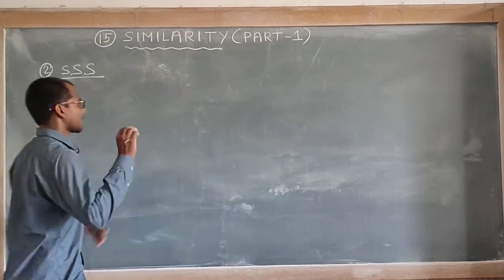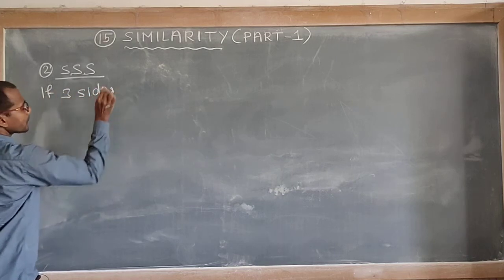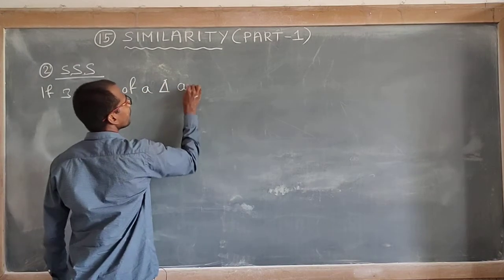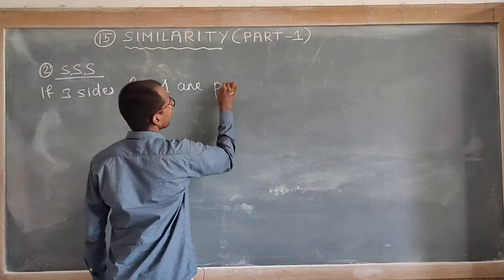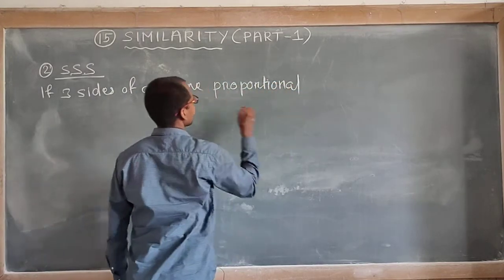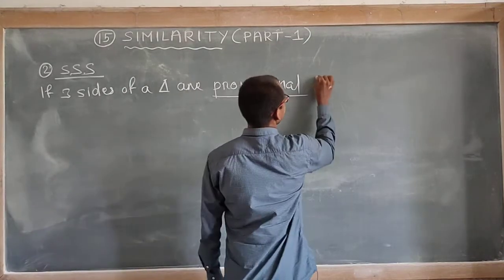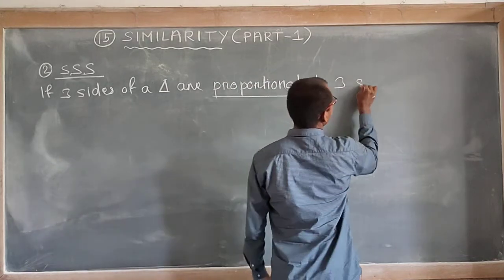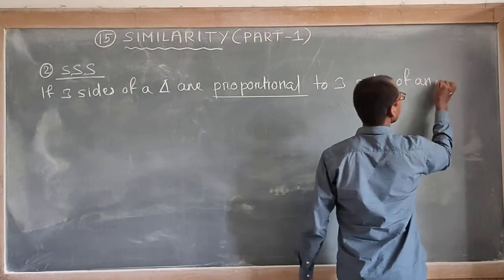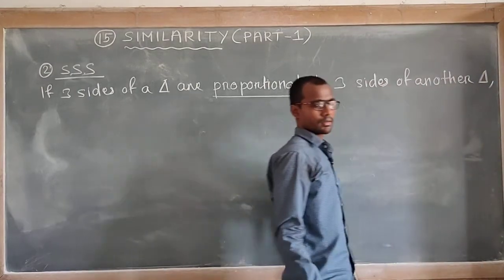So if three sides of a triangle are proportional, use the word proportional, do not use the word equal, to three sides of another triangle, then they are similar.